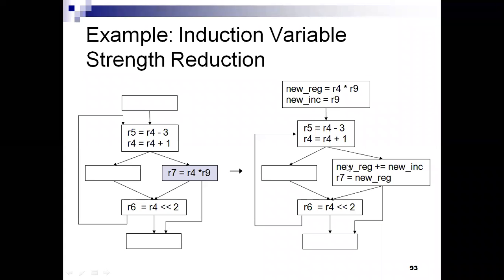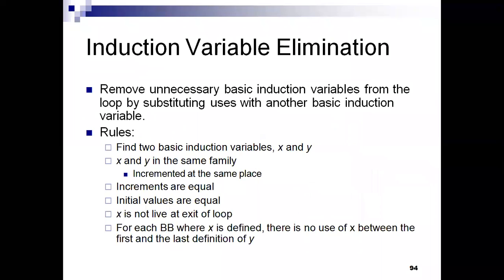The new register is R4 into R9, and the new increment is R9. So here, where we changed is at the initial block, and at the block of R7 we made the modifications by applying the induction variable strength reduction transformation.